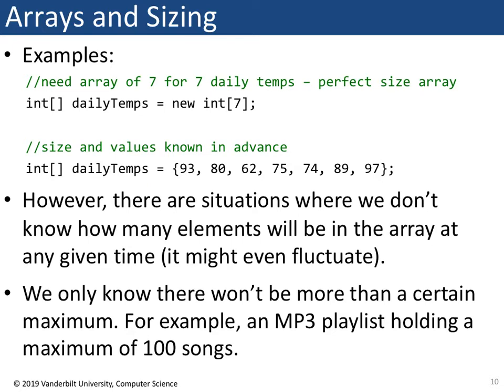But you can impose a limitation. You could say, well, I'm going to say that you can put however many songs you want to in this array, but not more than 100. So then you could choose to use an array of size 100, and then they don't have to use all of those spaces, but they can't use more than that. So they can use up to 100 array locations to store songs in this playlist.